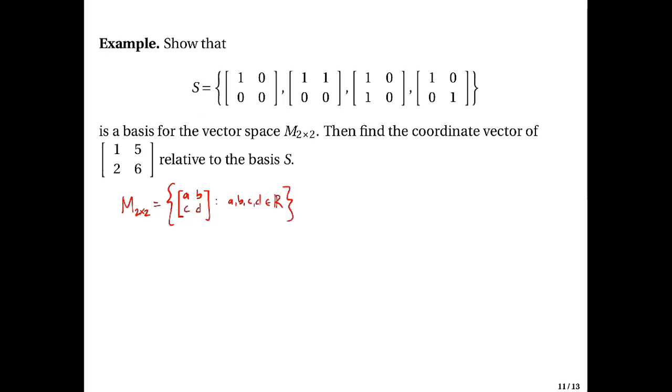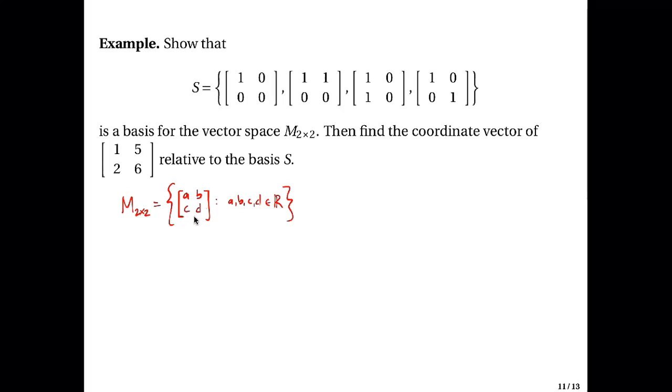Before I do that, let me tell you the standard basis, what do you expect to be the standard basis of the matrix space M22? The entries of the standard basis of M22 have 1 in one of the entries and 0 everywhere else.